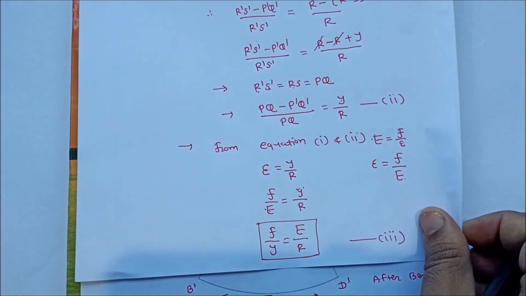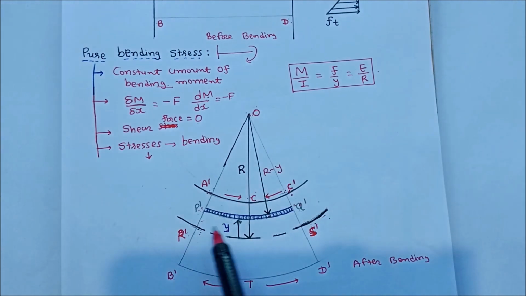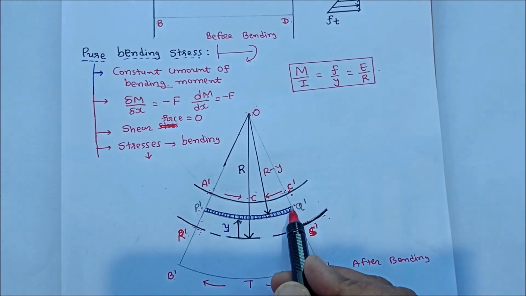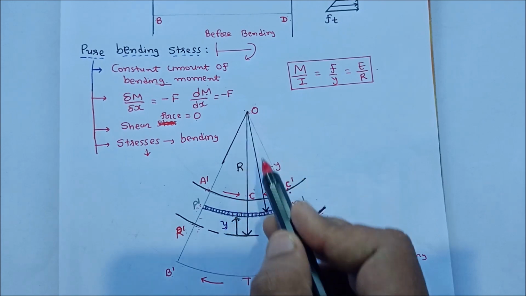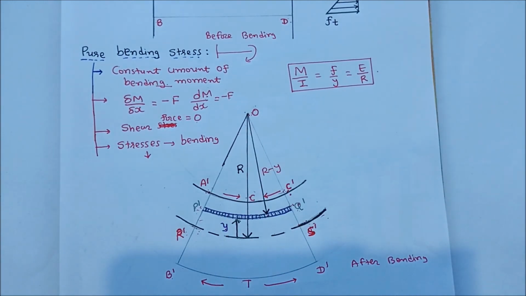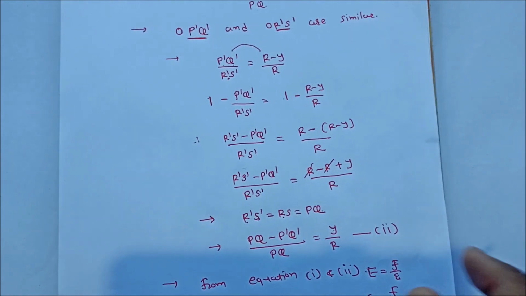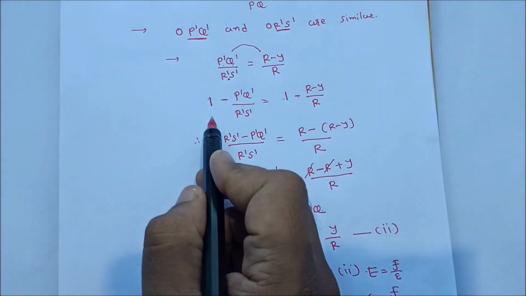Again I repeat, here O P dash Q dash and O R dash S dash are similar, so the ratios are always equal. So P dash Q dash divided by R dash S dash is equal to R minus Y divided by capital R. Then multiply minus sign both sides. Then we add 1 both sides.